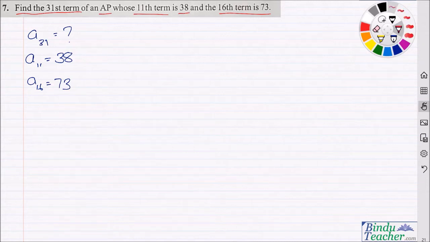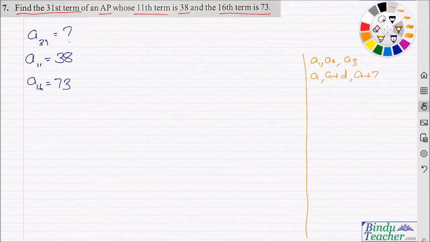Now before going ahead, let's write down the formulas for an arithmetic progression. A set of numbers a1, a2, a3 are said to be in arithmetic progression if they are of the form a, a plus d, a plus 2d, and so on, where d is the common difference and d can be calculated as a of n plus 1 minus a of n.